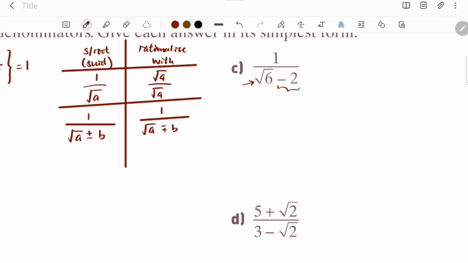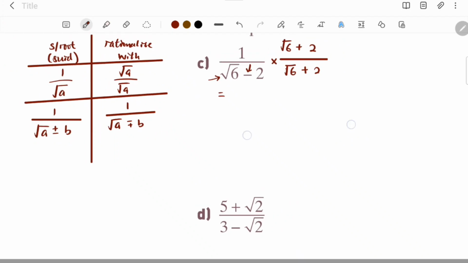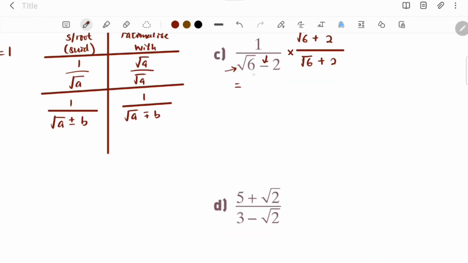So if the sign here is minus, we multiply it with surd 6 plus 2. Here also the same, surd 6 plus 2. The sign has to be opposite. So 1 times this whole thing, just copy back down. Surd 6 plus 2 over.